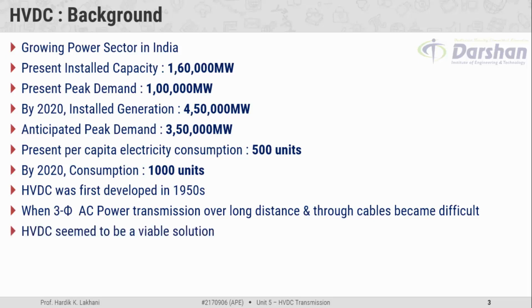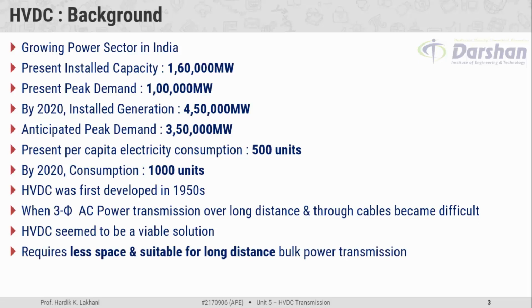HVDC seemed to be a viable solution because to transmit the power over longer distance and for bulk amount of power, the HVDC became a cost-effective solution. The reasons: HVDC requires less space and is suitable for long distance bulk power transmission, as I said earlier.